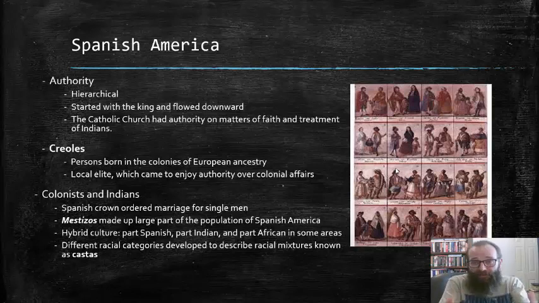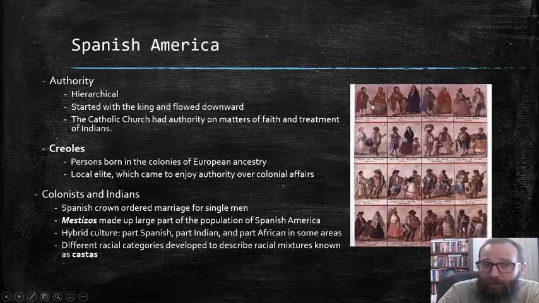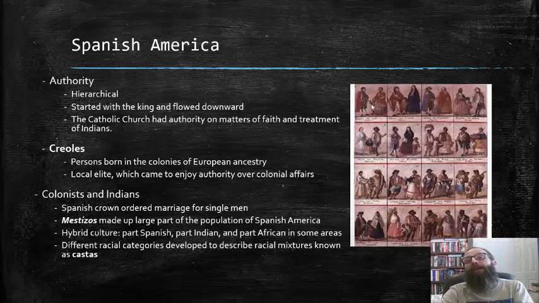And as a result of all this mixing, different racial categories developed to describe these mixtures, and they were known as castas. And this actual image here, can't read it very well, but this is from a colonial Spanish era document that seeks to describe the various different castas that resulted from the various different ethnic and racial mixtures that resulted from these intermarriages and this interbreeding.